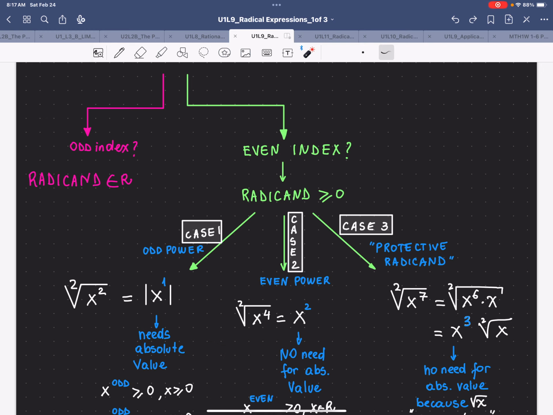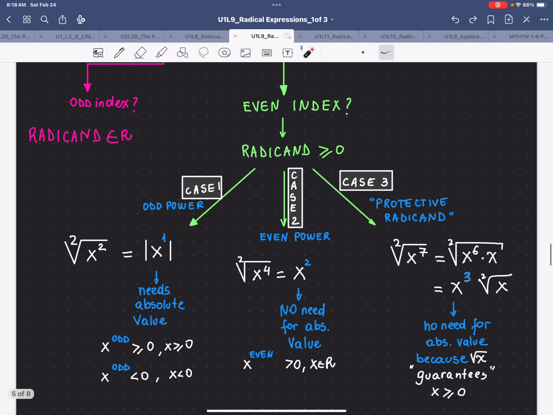Case number 1, if the power is odd, so when we take out an odd power, for example, if we have the square root of x squared, the answer would be x, so to the power of 1. So number 1 is an odd power. So in this case, we're going to say that the term that we take outside, or the variable we take outside, if it has an odd power, we'll need an absolute value to make sure it stays positive.